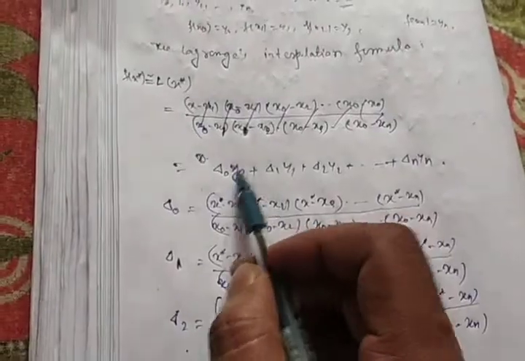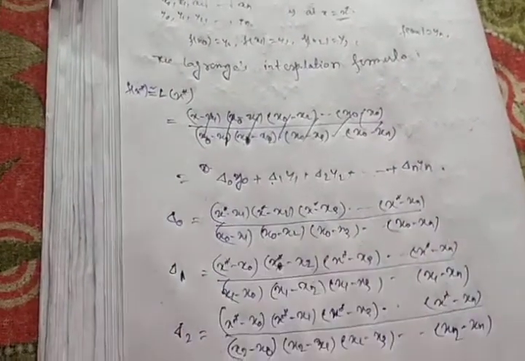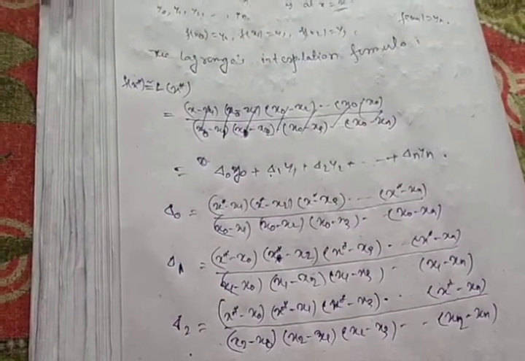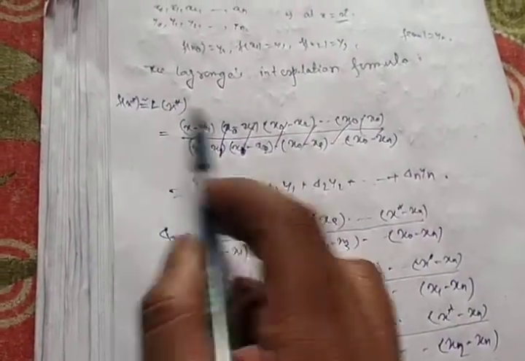So we have to find delta 0, delta 1, delta 2, up to delta n, and multiply with the corresponding y0, y1, y2. We will then find the value of y at x equals x star.